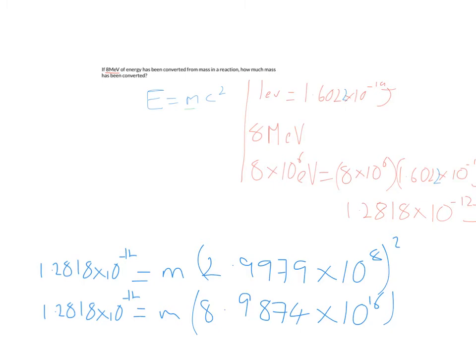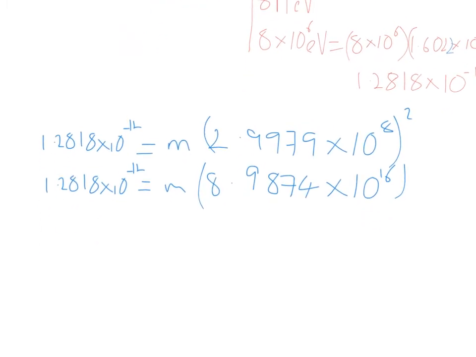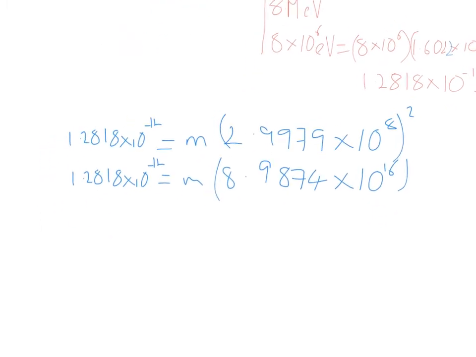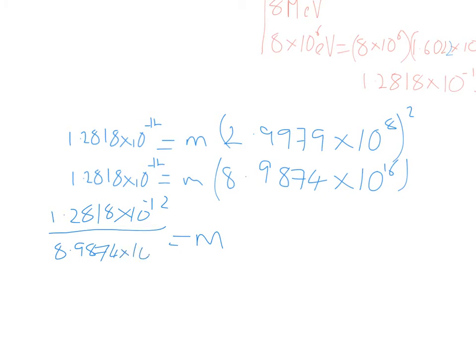Now to find mass by itself, all that we need to do is divide the energy, 1.2818 by 10 to the power of minus 12, by the speed of light squared, so 8.9874 by 10 to the power of 16.